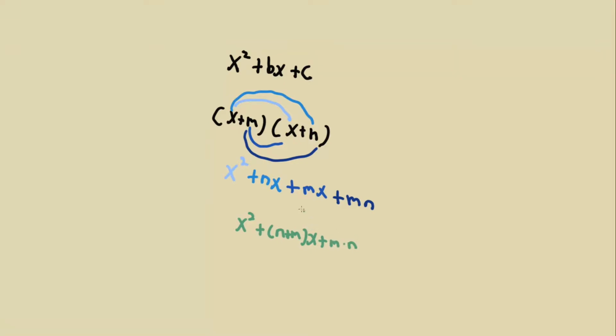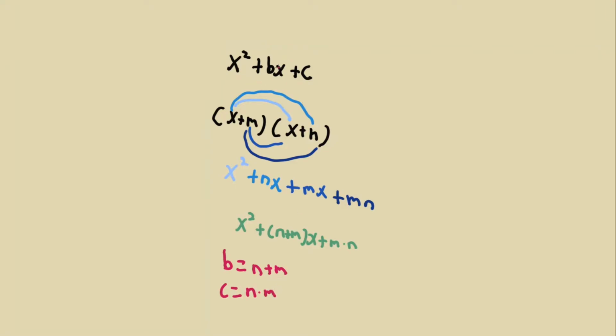Now, how can we relate this right here to this formula? Well, we can see that b is n plus m, and that c is m times n, right? So let me just write this out. b is equal to n plus m, and c is equal to n times m.